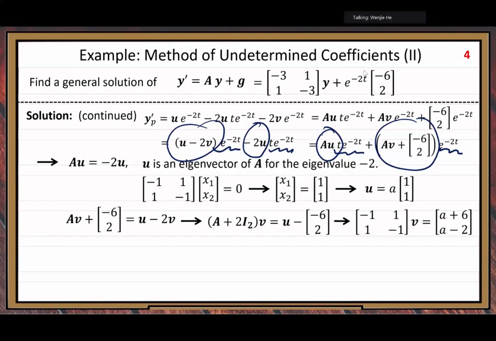If the determinant is 0, we know this matrix is not invertible. If this matrix were invertible, then you could select an arbitrary little a. We would just multiply by the inverse of the coefficient matrix, and then we could find a v.